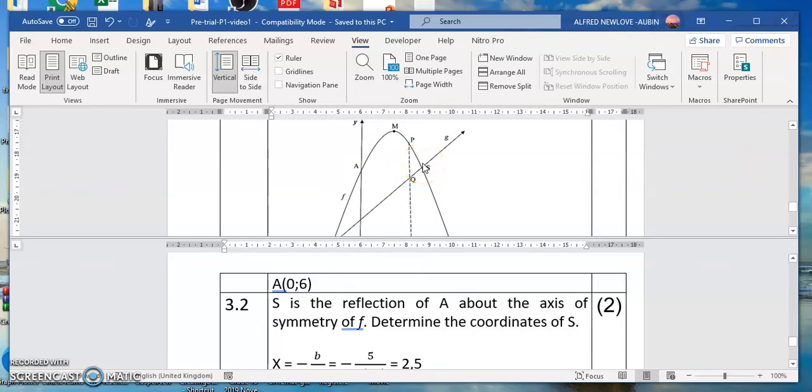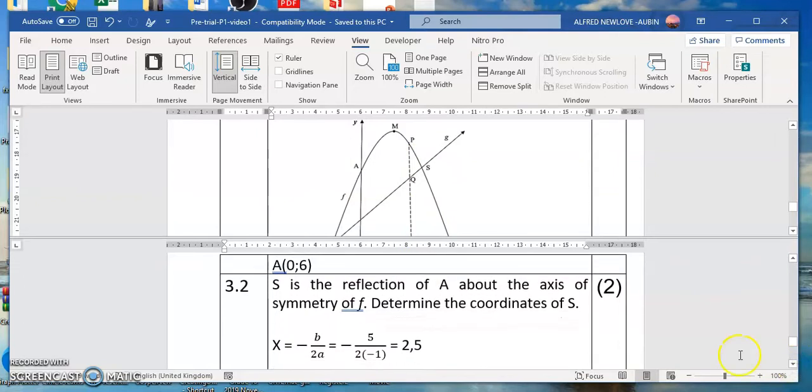So what you need to do is, you find the x value of the turning point, which is minus b over 2a. And our b is 5. How? Let's find out from the function given.